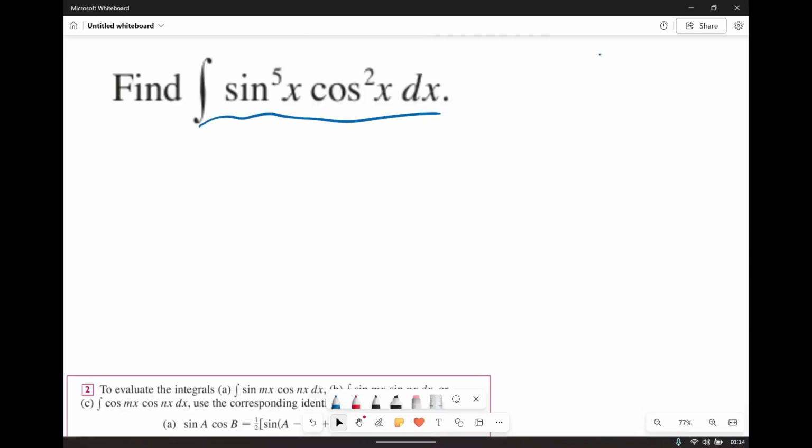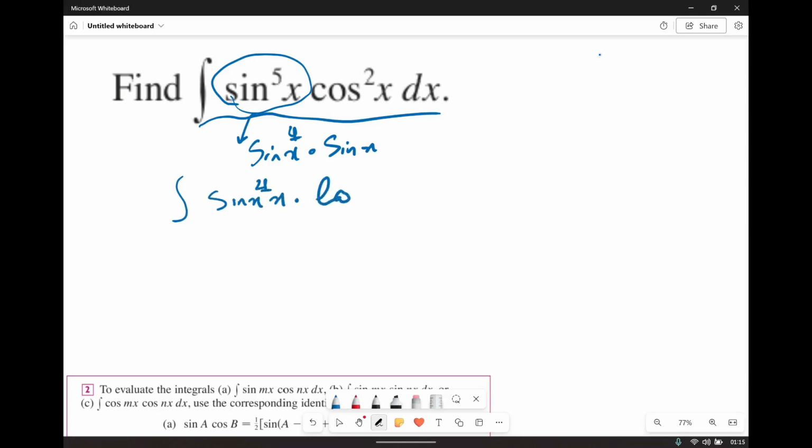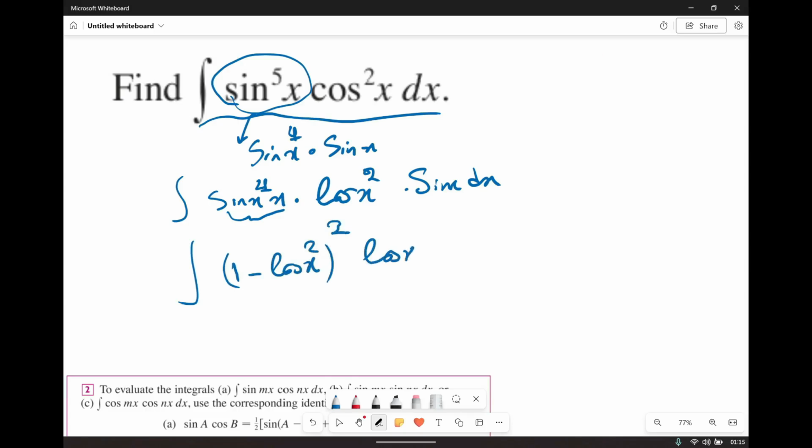To calculate these, I split sine x power 5 into sine x power 4 multiplied by sine x, and I write the integral of sine x power 4 times cosine x power 2 times sine x dx. Now, using integration by substitution, I write sine power 4 as 1 minus cosine x power 2, squared.